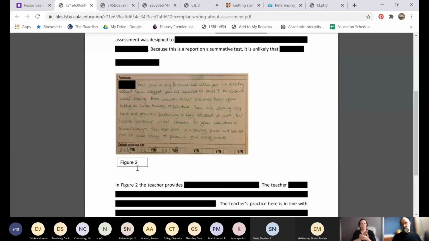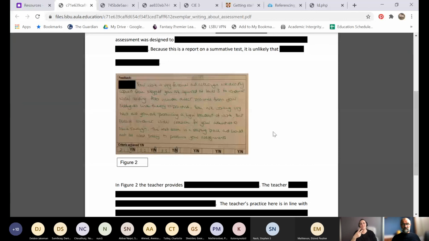And then this student has called this figure 2. So when you put an example of a piece of work into an assignment, give it a name. You could say example 1, example 2, or figure 1, figure 2, illustration 1, illustration 2. That's up to you, but keep the name consistent throughout the essay. So if you call the first image figure 1, call the second image figure 2, and the third image figure 3.